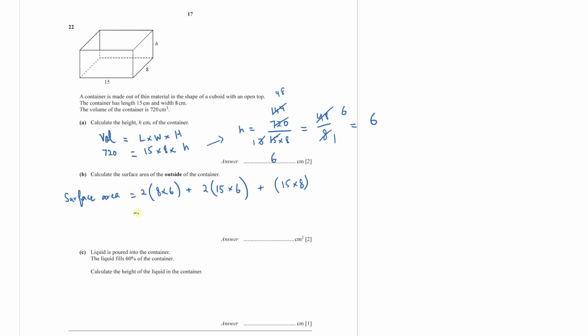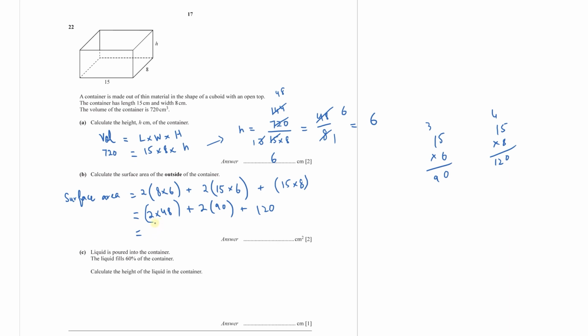And then we can calculate. So 8 times 6 is 48. So you get 2 times 48 plus 2 times 90 plus 15 times 8, which is 120.